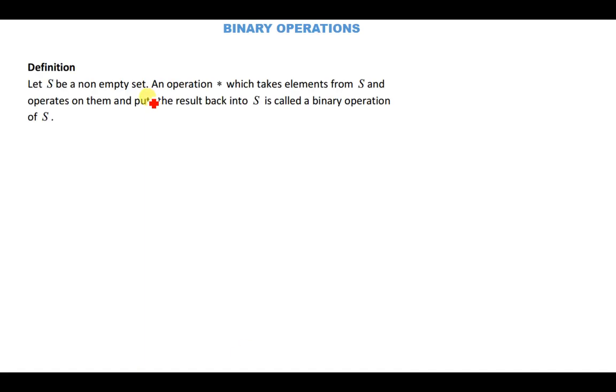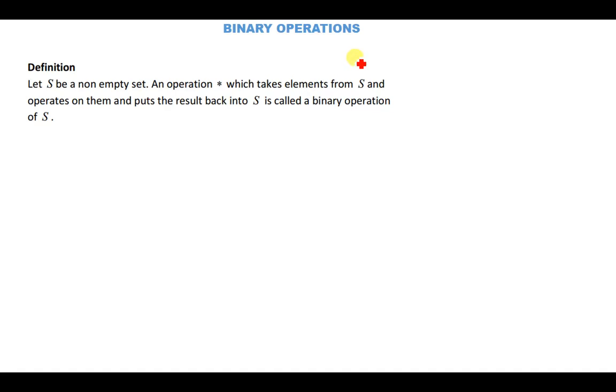The simplest definition of a binary operation is simply an operation which takes an element from any given set, operates on them, and then afterwards puts the element back into the set.